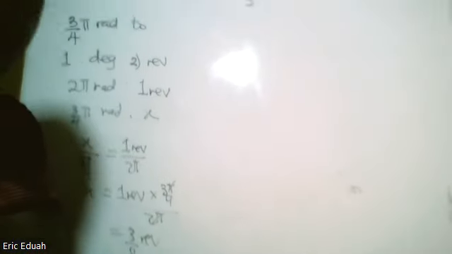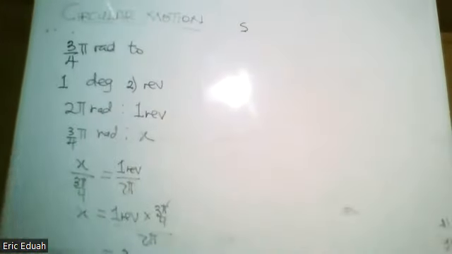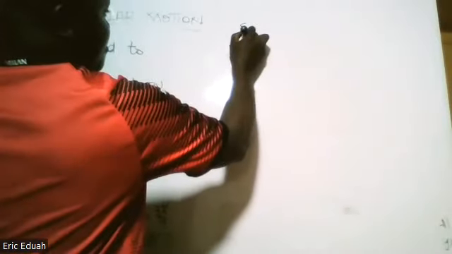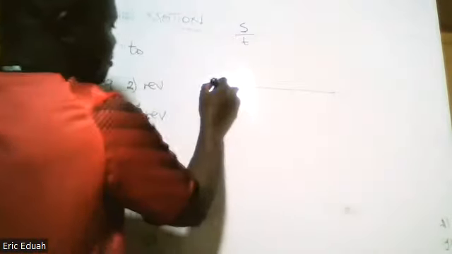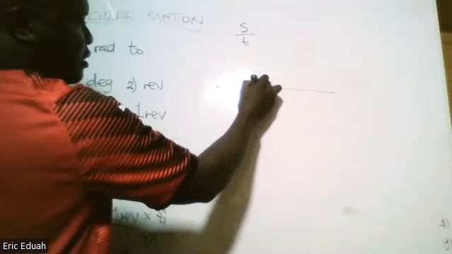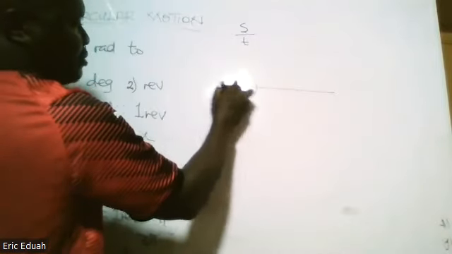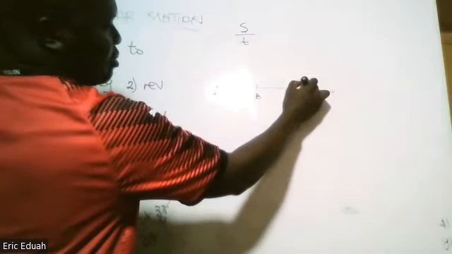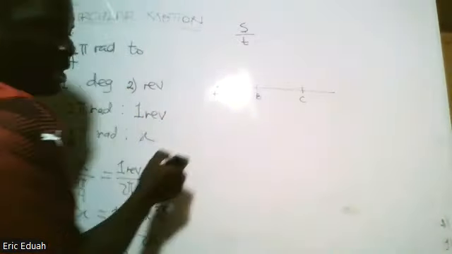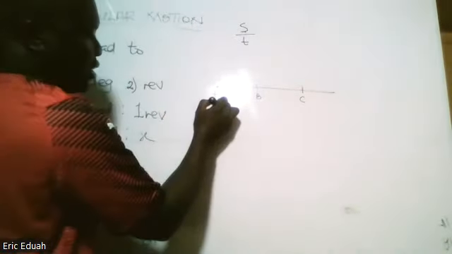Now, in linear motion, whenever you have displacement S, and then the displacement changes with time, a body starts from A, comes to B, moves to C, within equal time intervals.